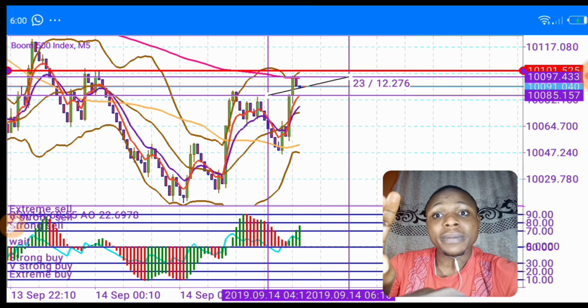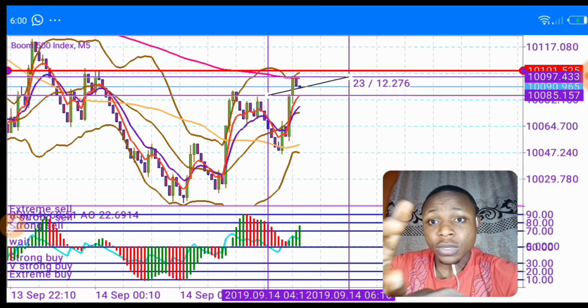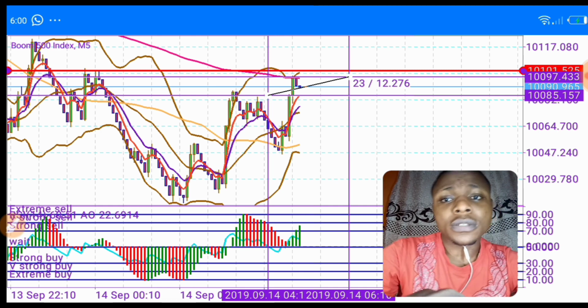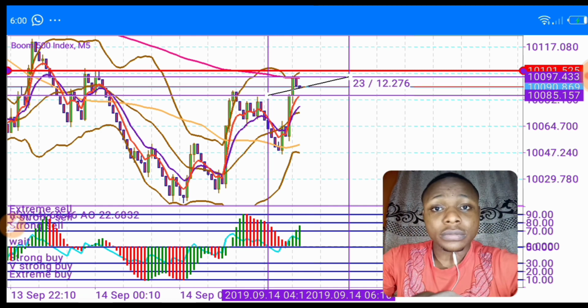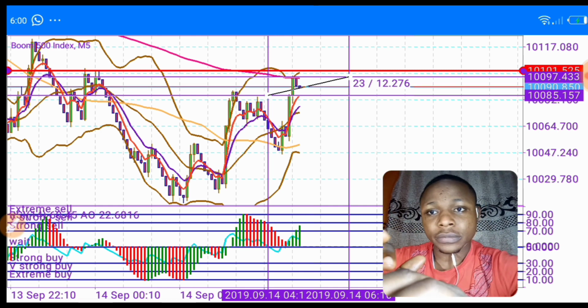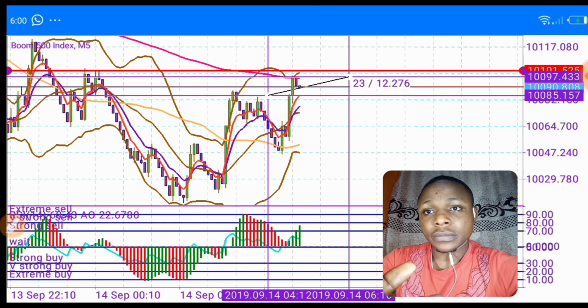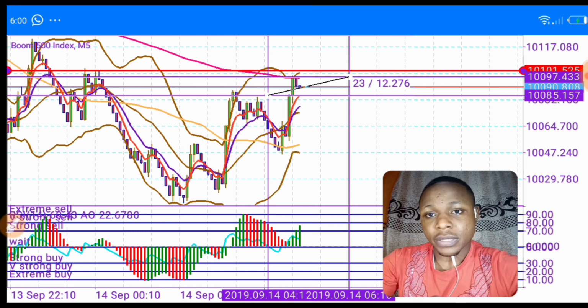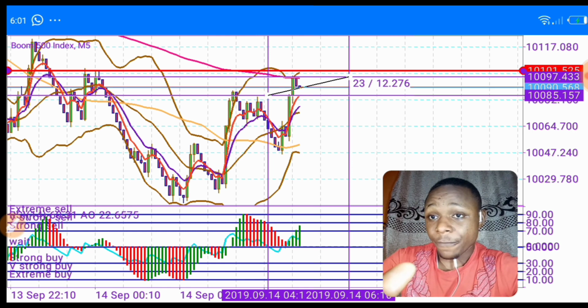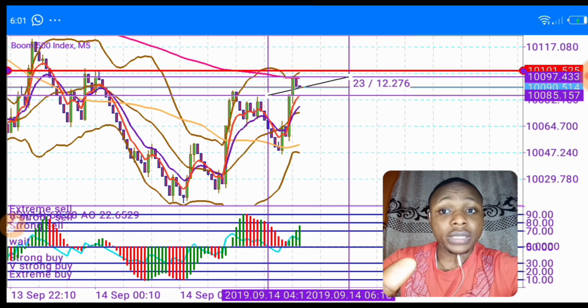So whenever big spikes catch you up, once you are not overloading your lot size, just calm down and apply this principle. You will see you will always close your market in blues. Do you understand? You might not close the first one, which is 0.1, in blues.